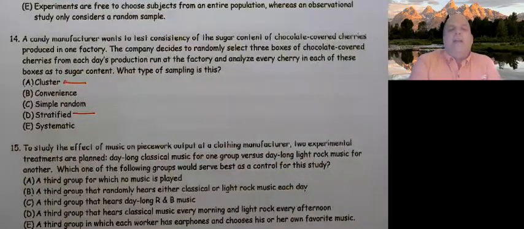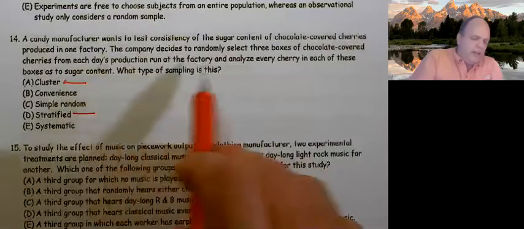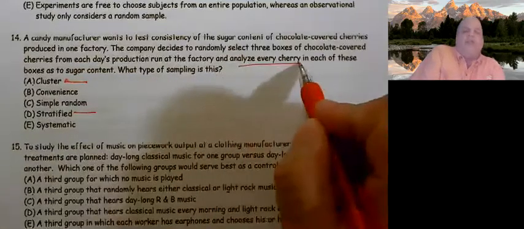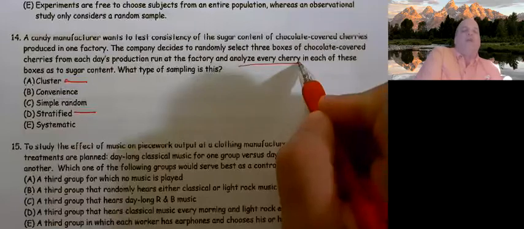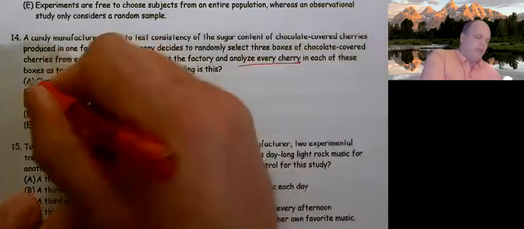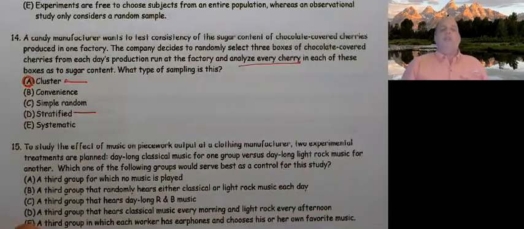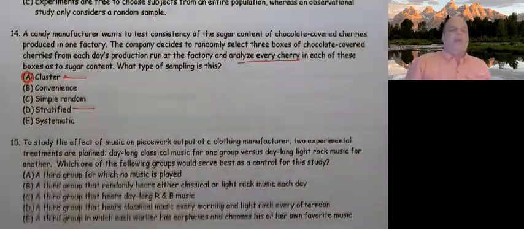In a stratified, we randomly select within the group. In a cluster, we test every one, or we sample every one. And so in this case, they're going to sample, it says here, and analyze every cherry. So they're going to check every single cherry within the group. If you're checking everything in the group, that makes it a cluster. So broken into groups, checking everyone in the group is a cluster.